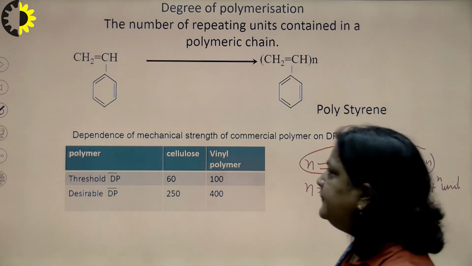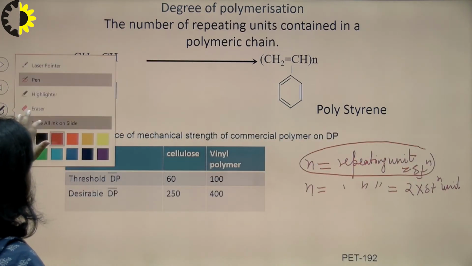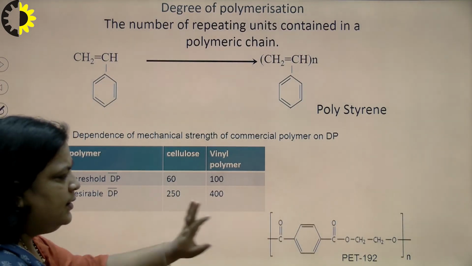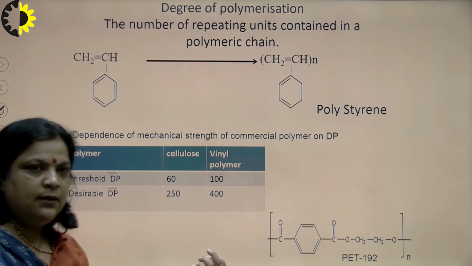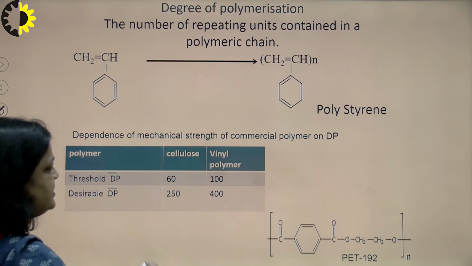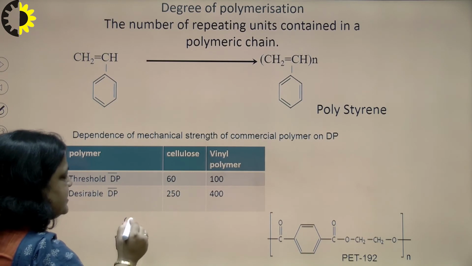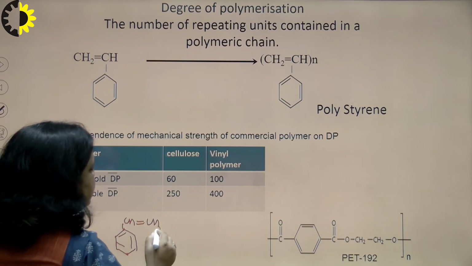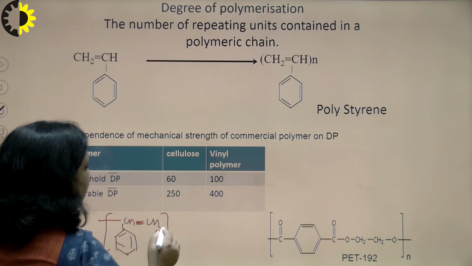For example, we take PET, which is a polyester, and one example we take polystyrene, which is benzene and then CH double bond CH2, which now converts into a single bond, and then N.